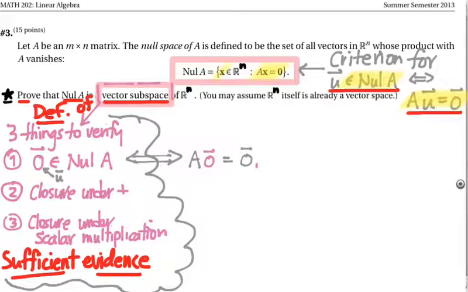Why is that true? Right. Any matrix multiplied by the 0 vector is going to yield the 0 vector.